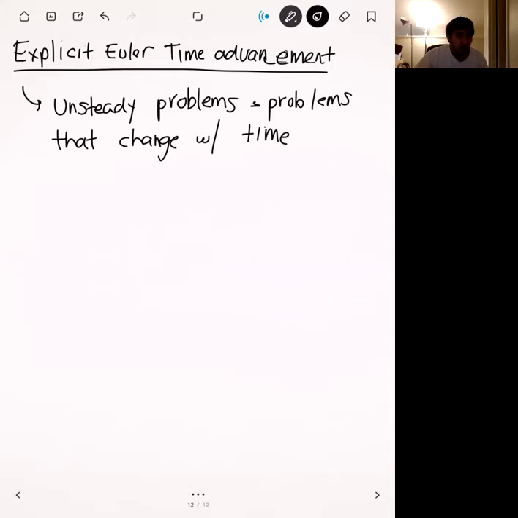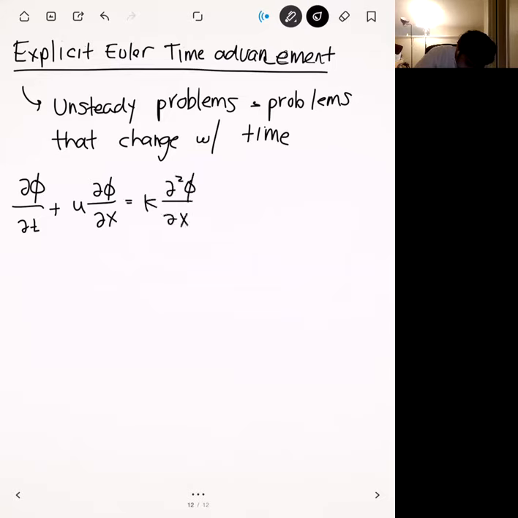Okay, and so our starting point for this method is going to be our full transport equation in 1D for now. All right, so we have partial phi partial t plus u partial phi partial x is equal to k partial squared phi partial x squared, plus q of x.